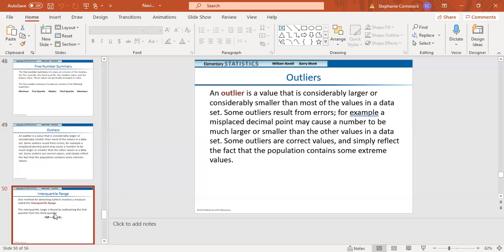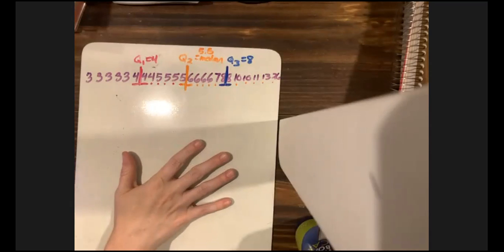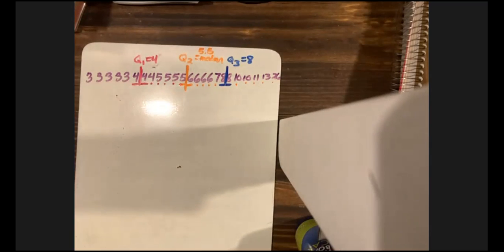The first thing that we've got to do is find what's called the interquartile range. The way that we find the interquartile range is we do Q3, whatever that value may be, minus Q1. So we're going to go back and look at that data set from number 2, the one that went from 3 to 26.